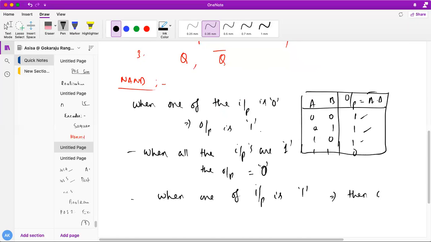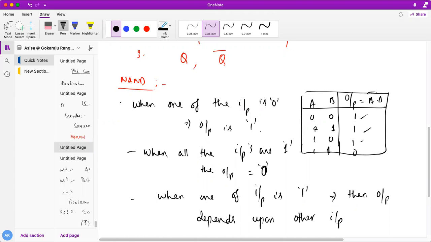Then the output depends on the other input. Am I correct, students? So if one of the inputs is 1, it depends on the other input. Here it is 1, it depends on the other input, whether it's 0 or 1, and depending upon that, it provides me the output.